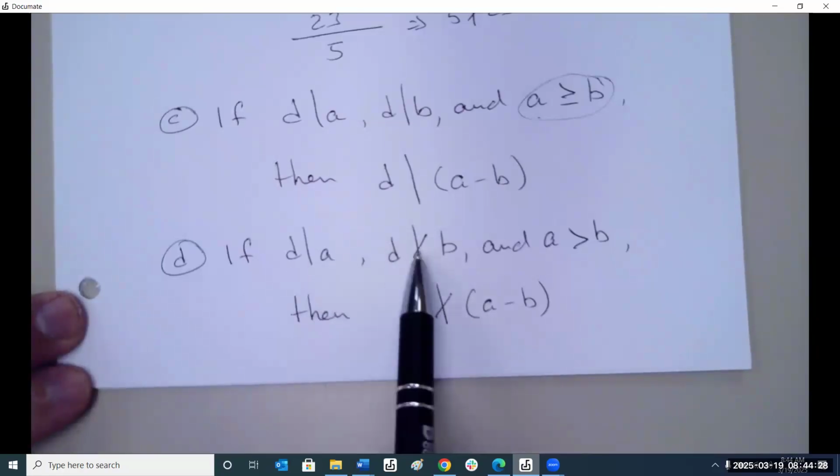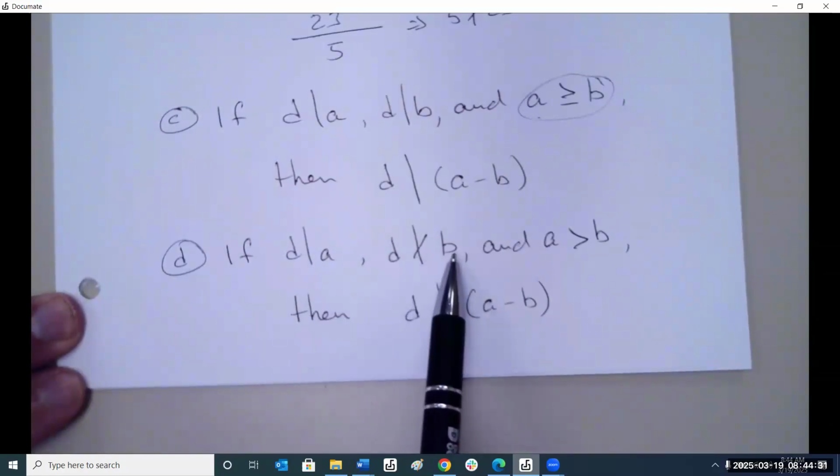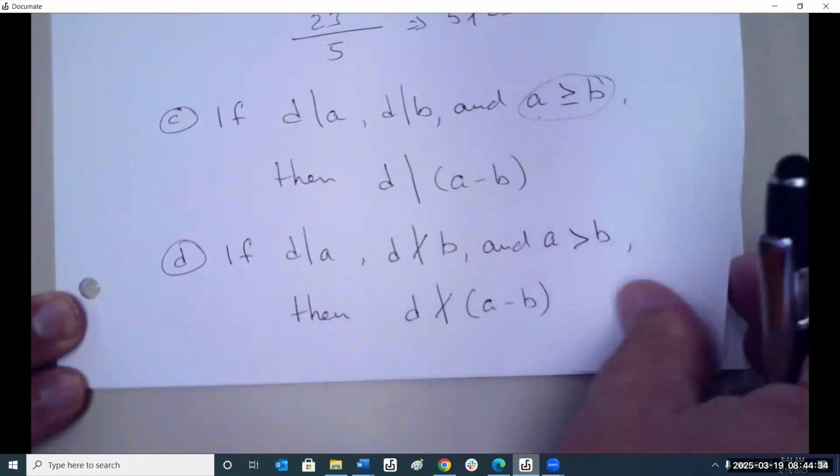And the last one is just if we can switch, because now we've always talked about D not going into B. Well, what if D is not a divisor of A?